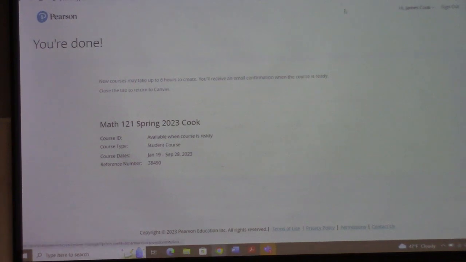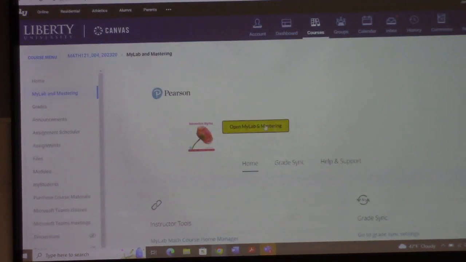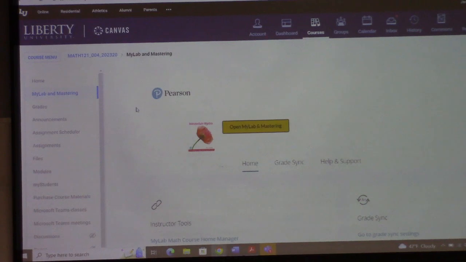Well, it gives us the option now. Interesting. All right, so we go back here, refresh. An error has occurred. So for you, maybe. What happens when you click on it?